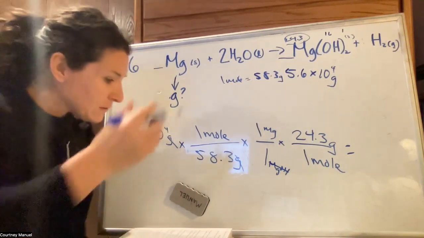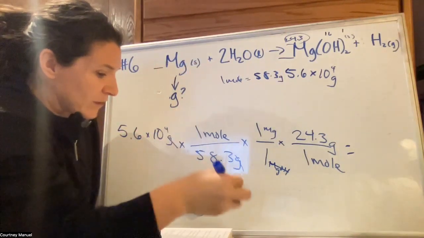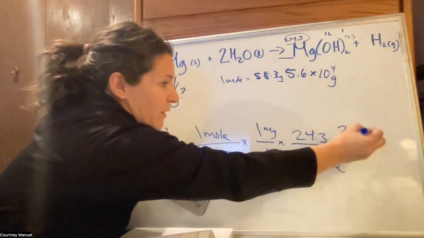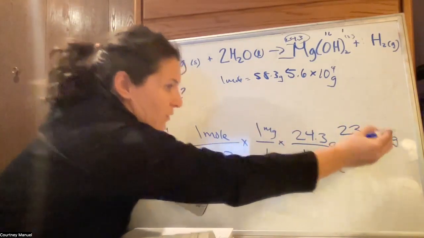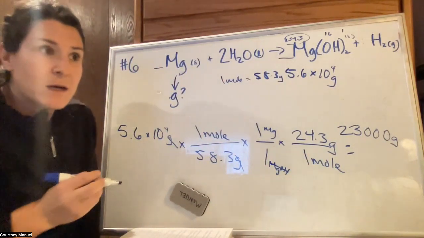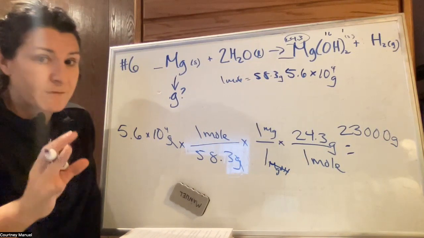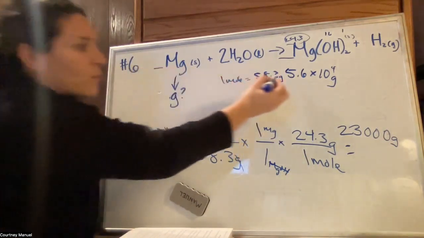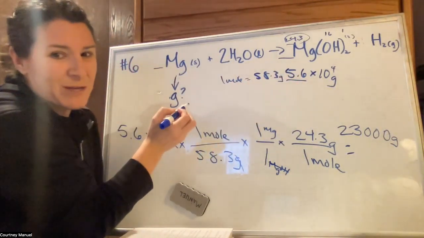And we get 23,000 grams. Now, if you are going to be putting that in scientific notation, which you don't have to do, we only get two significant numbers. That's why we got 23,000.